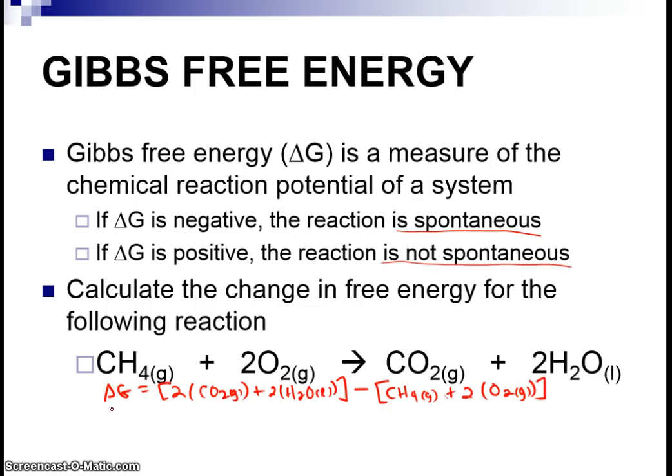It's the exact same equation that I did before for entropy, except I'm going to fill in the delta G values.